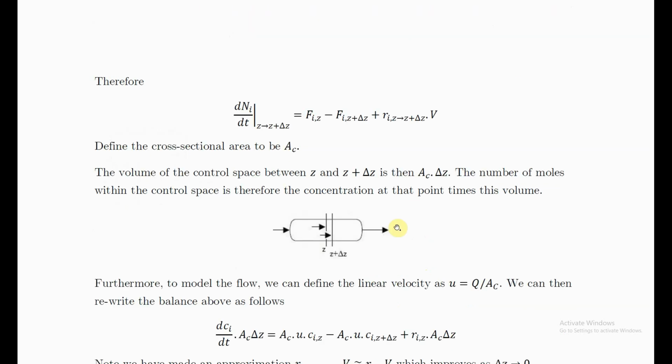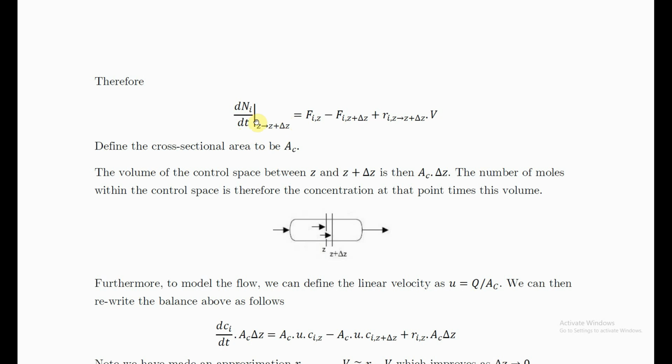So if we go back to that original balance, we know we've got dN/dt on the left-hand side. And now just to remind us that this is written on this volume between Z and Z plus delta Z, I'm writing this here.